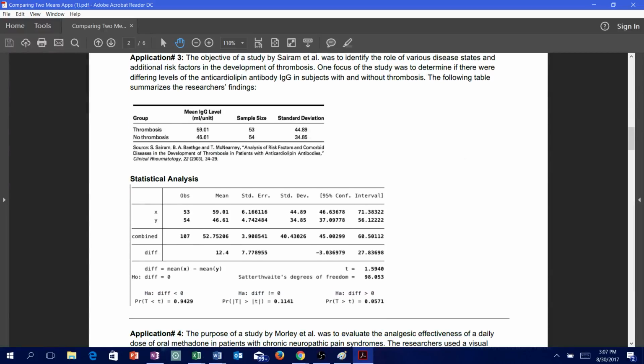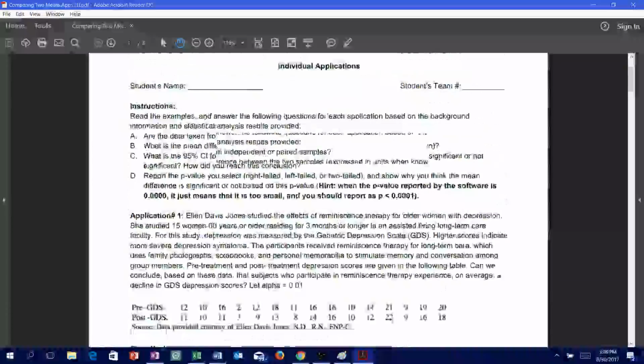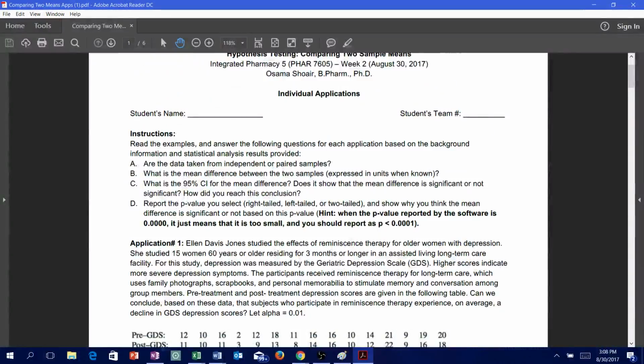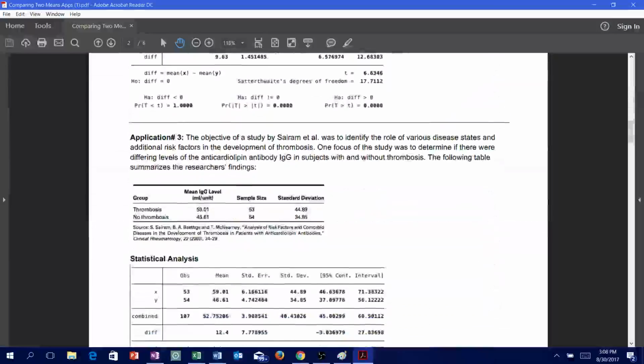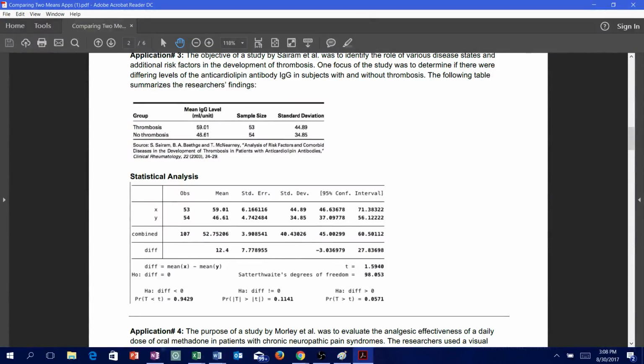Oh, this one has the unit for the mean, milliliters per unit. Don't forget. On B, this one actually does have units, so it would be milliliters per unit. IgG, ml per unit. But the first two didn't have units on them.